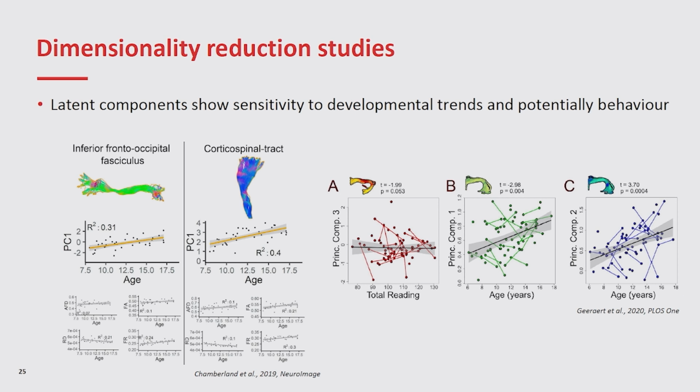And of course, there are other ways to do this, perhaps through machine learning or deep learning based approaches, if indeed you have enough data. But I think being able to collapse shared information across metrics is a really promising way to take advantage of the range of different imaging metrics that we now have available to quantify white matter microstructure instead of just our broad FA and MD variables.